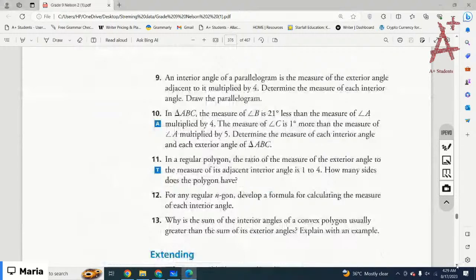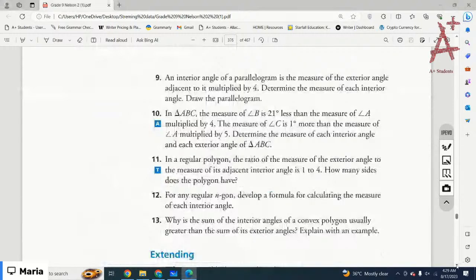Determine the measure of each interior angle, draw the polygon.